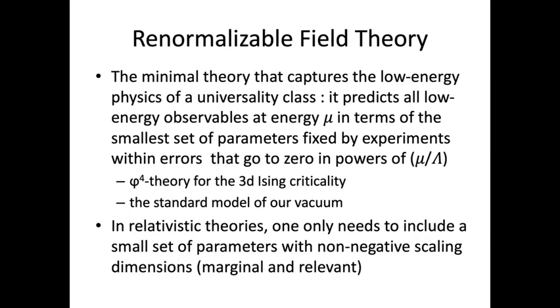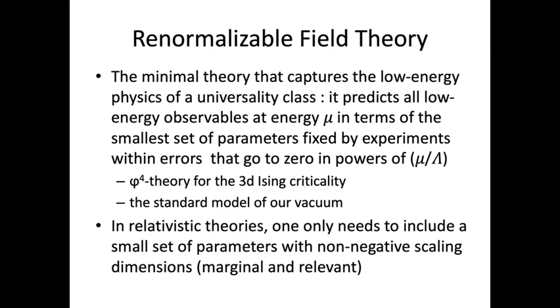So as we know, different UV theories can capture the same IR physics. So there's a little bit of freedom in what UV theory we should use to capture the IR physics. And a renormalizable field theory is the simplest theory that captures the IR physics within each universality class.